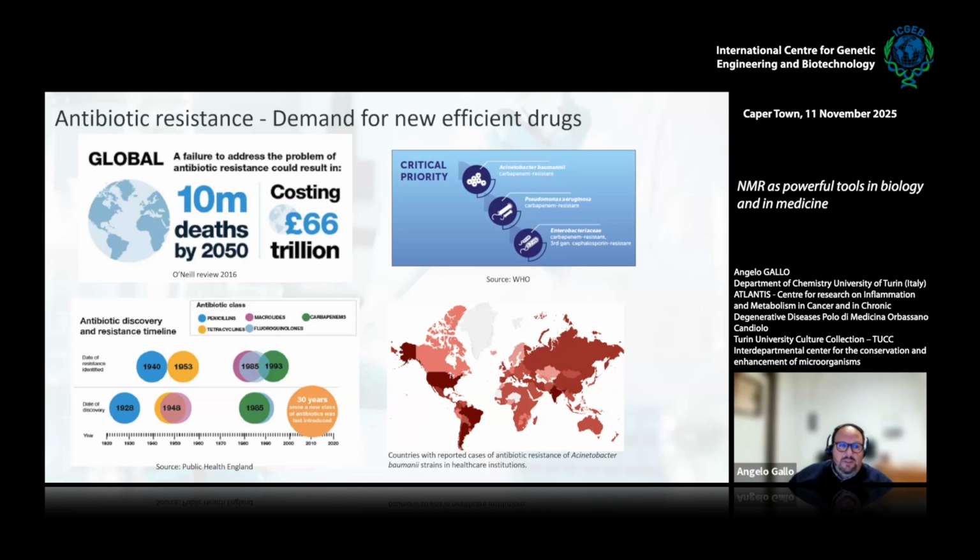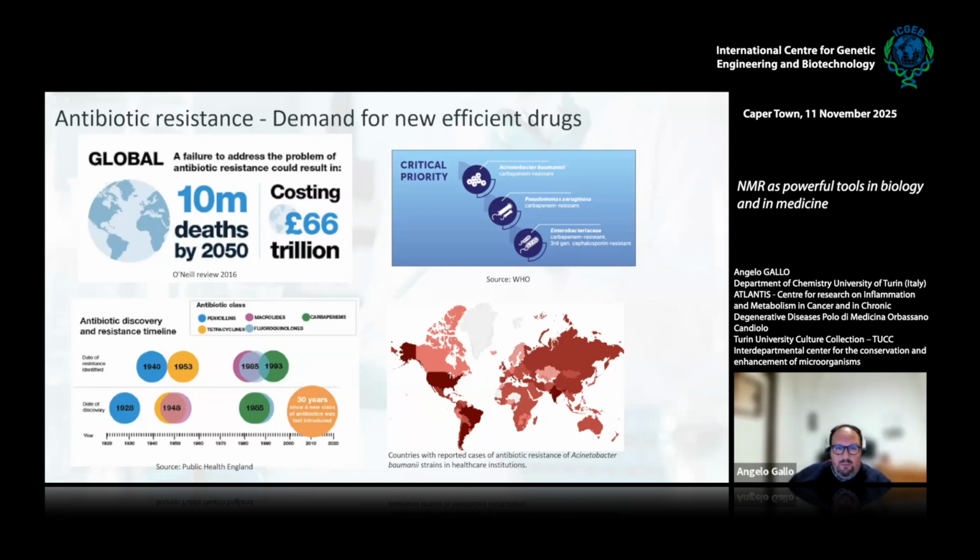The antibiotic discovery timeline, as you can see, started in the late 20s of the previous century, but basically since 1993 it has slowed down a lot. So a lot of new classes of antibiotics are needed at this point.